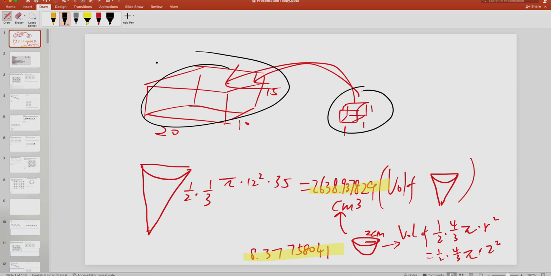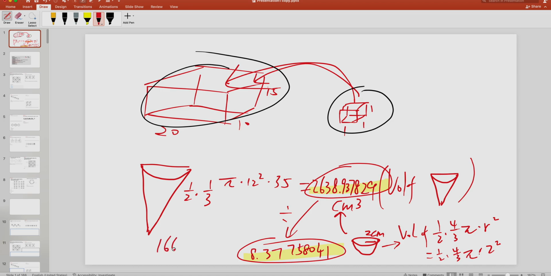And you end up with 166 and a half. So it's 166 because you cannot have the half. Does it make sense? So the answer is 166. Okay? So the idea is what?